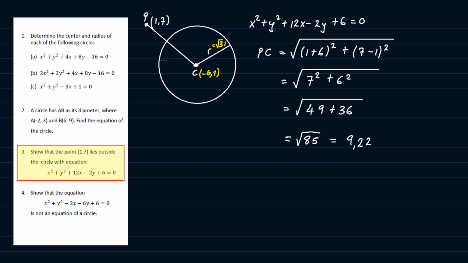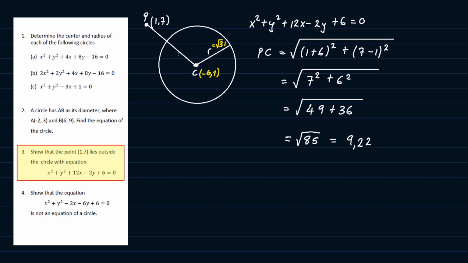So what is this telling us? It's proving to us that the point P of coordinates (1, 7) lies outside of the circle, because if it were lying on the circle, then PC would have been equal to the radius, which is root of 31.